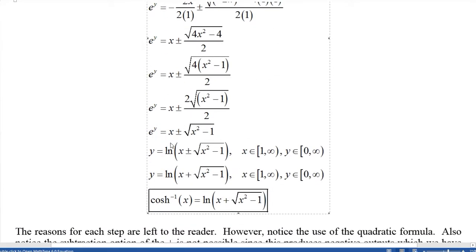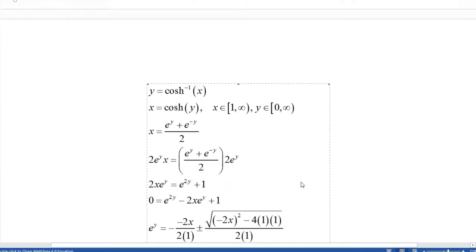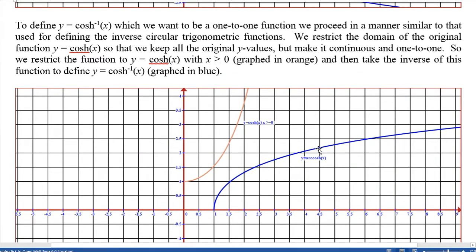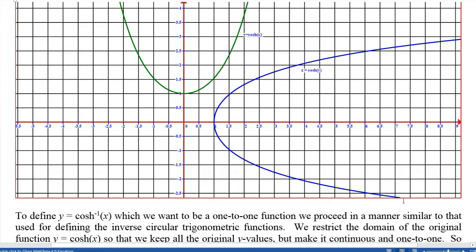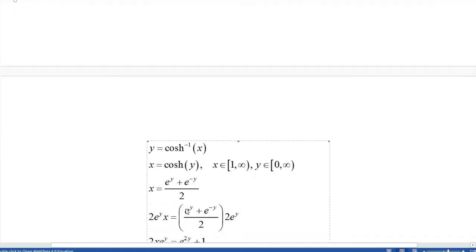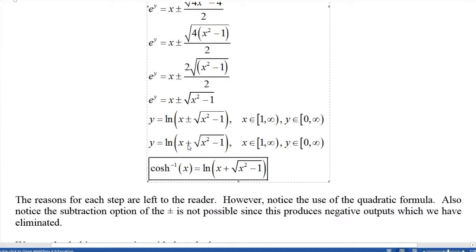Now we can take this and rewrite it as logarithms, and in fact this actually works with the positive or the negative, but it turns out that the positive part gives us this blue graph right here, and the minus gives us the reflection of that over the x-axis, which would be the lower half of this. And we're wanting it to be a function, so we're only going to choose the upper half, so we only want the positive, the plus here.